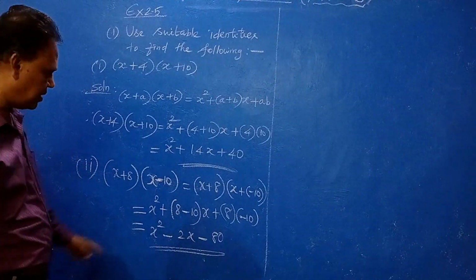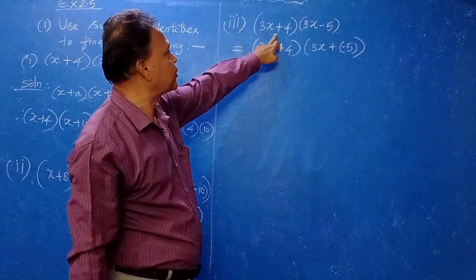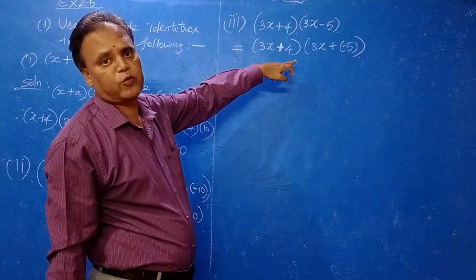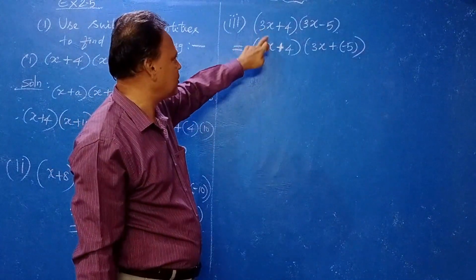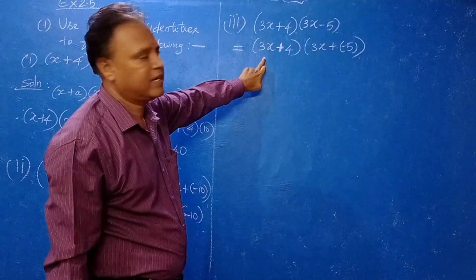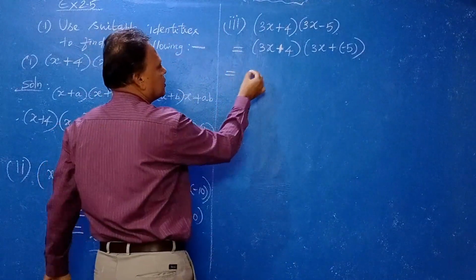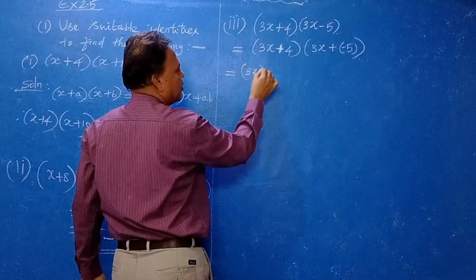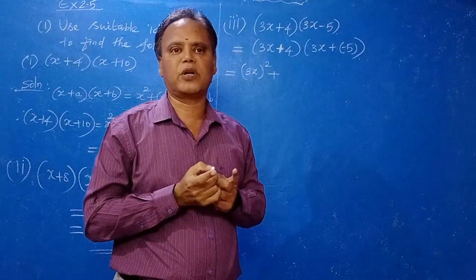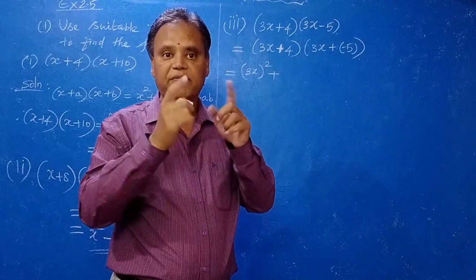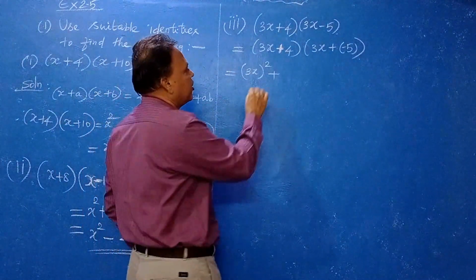You see this also: 3x plus 4 into 3x minus 5. Here x is 3x. In place of x you have 3x. Here a is 4, b is minus 5. So apply the same formula, that is 3x the whole square. Put the bracket here, that is very important. In place of x you are writing 3x, whole square, that's why you have to write with bracket.